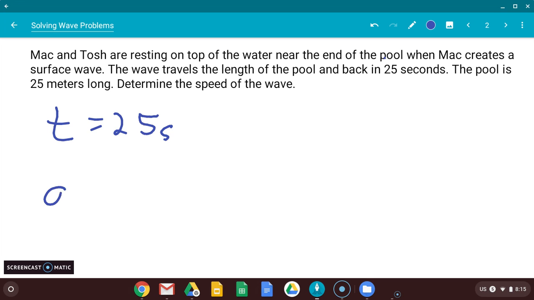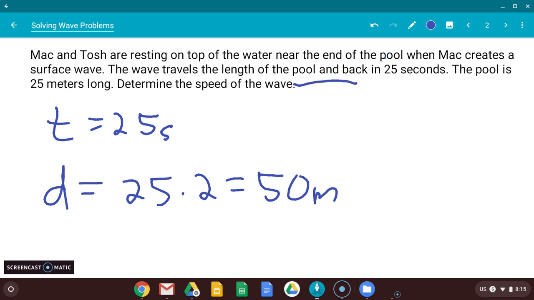While many of us might take 25 meters as our little d, look right here in this sentence. It travels the length of the pole and back. So we've got to adjust this, and the d isn't just 25, it's 25 times 2, which would be a total of 50 meters. One other option could have been to keep that 25 meters, but cut this t in half, because it would take half the time to go one way.